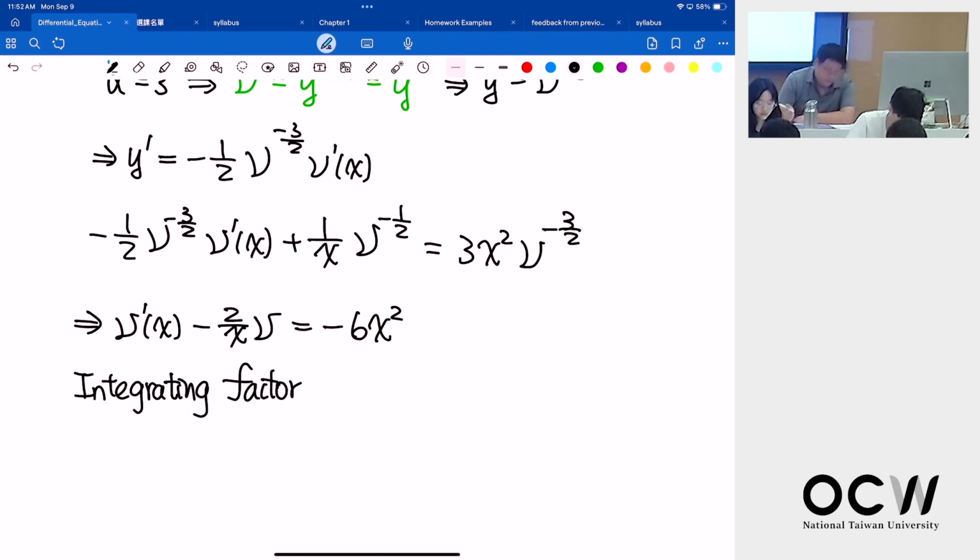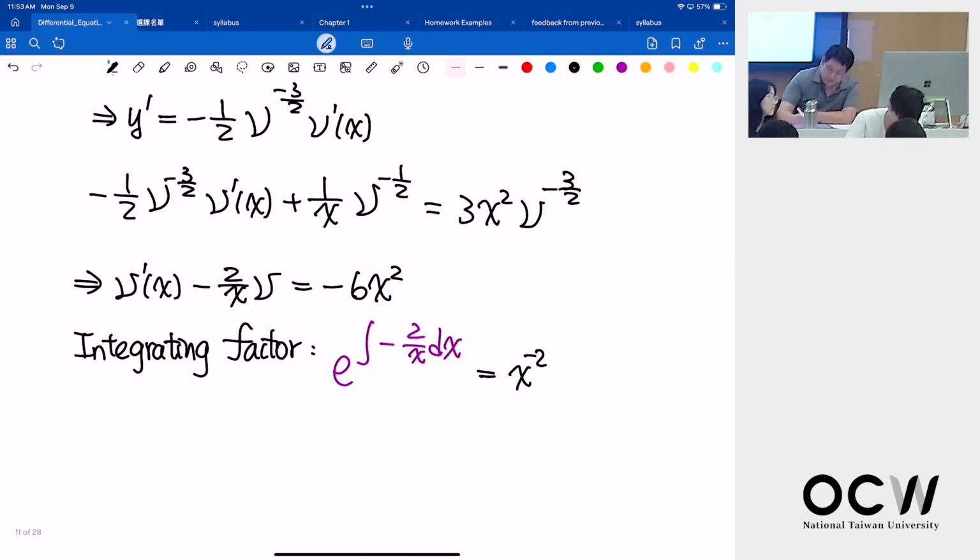If you forget what the linear integrating factor is, or you want to review the previous lectures, you can see that on NTU Cool we have the video for that, so you can watch that video. So here we should have exponential of minus 2 over x dx. That gives you 1 over x squared.